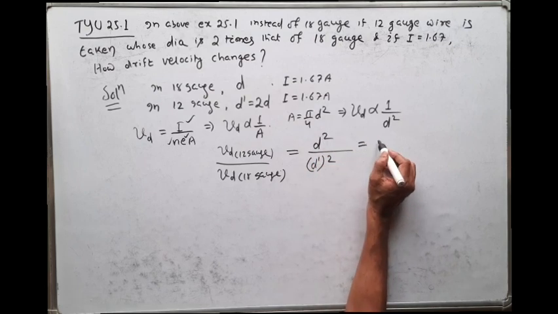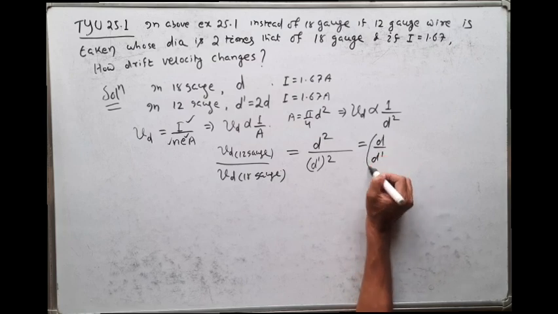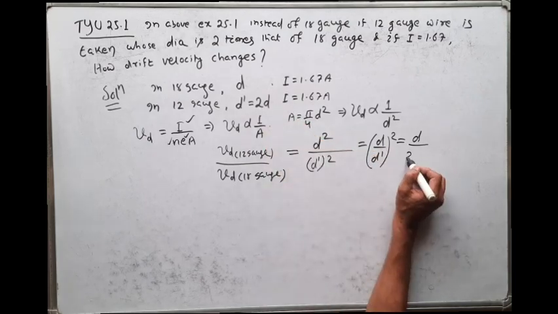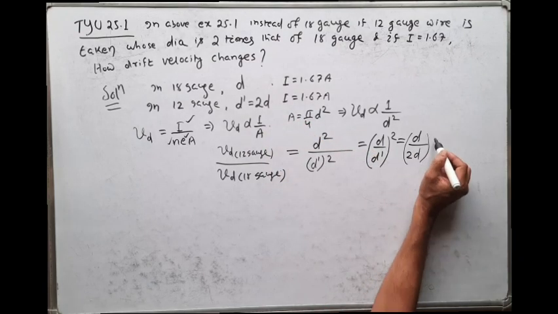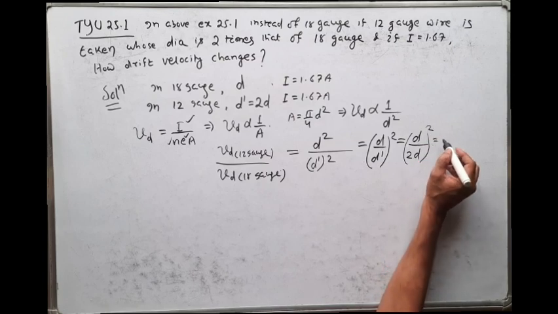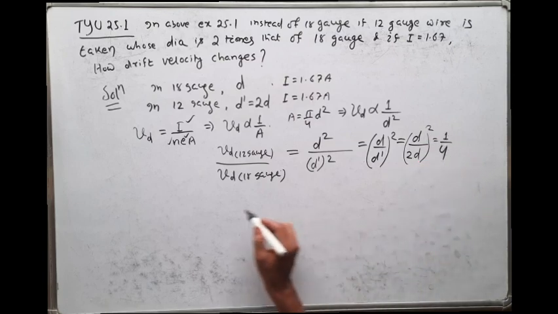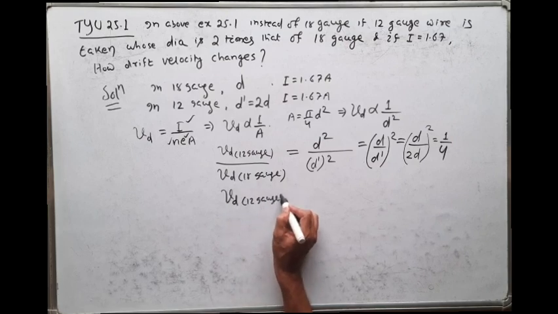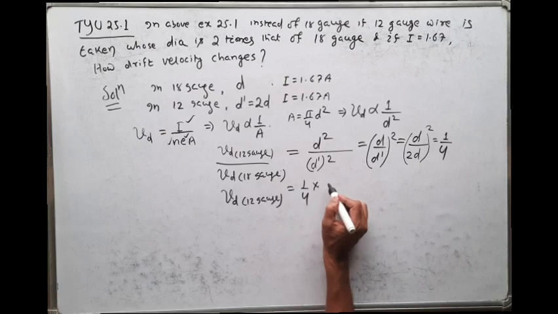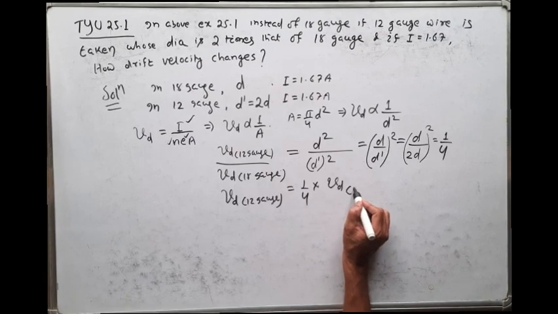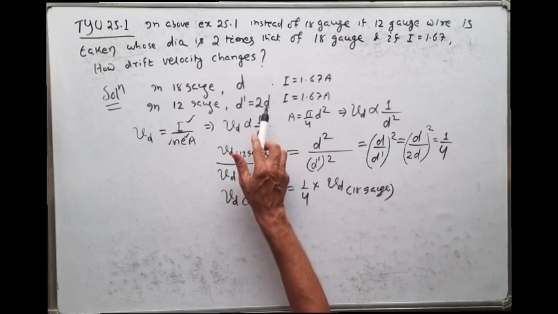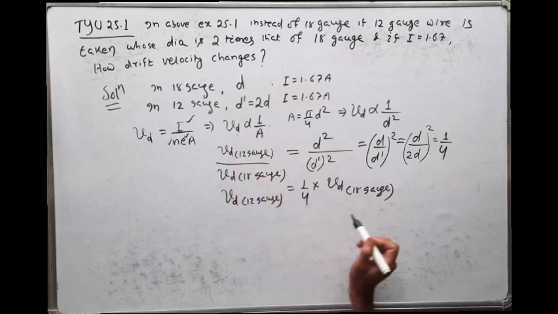So that is equal to d by d dash whole square. What is d dash? D dash is equal to 2 times d. So d cancels, 1 by 2 square is equal to 1 by 4. That means the drift velocity of 12 gauge copper wire will be 1/4 times the drift velocity of 18 gauge copper wire. That means if diameter is increased by 2 times, then drift velocity will decrease by 1/4 times.